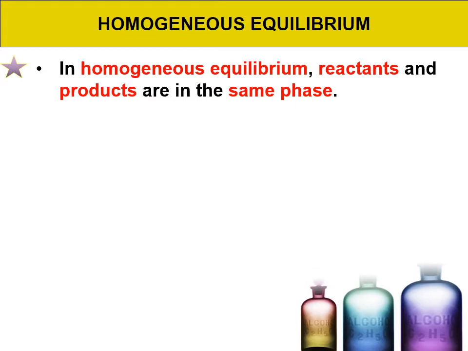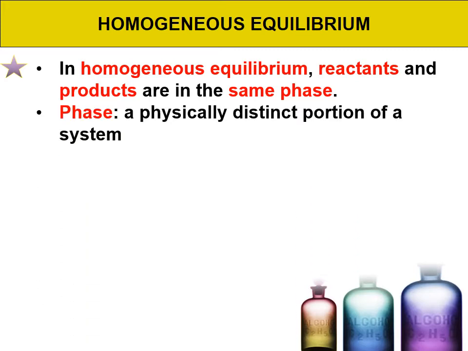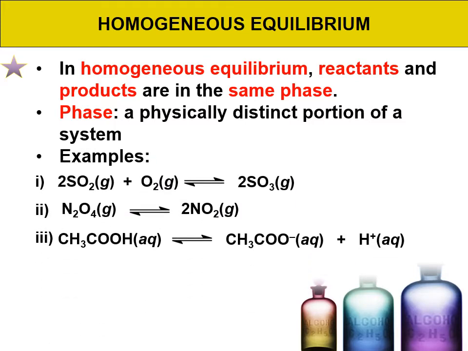In homogeneous equilibrium, reactants and products are in the same phase. What is a phase? A phase is a physically distinct portion of a system. For example, you can see that all the chemical substances involved in the first chemical equation are in gaseous phase.